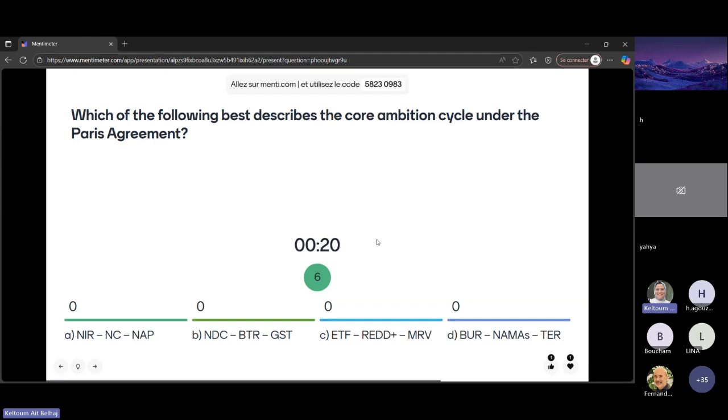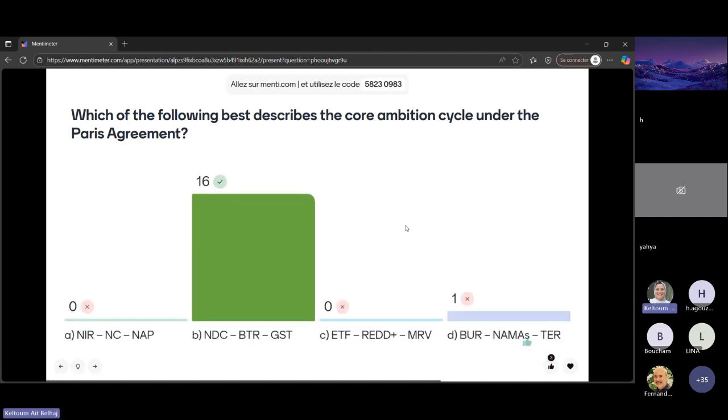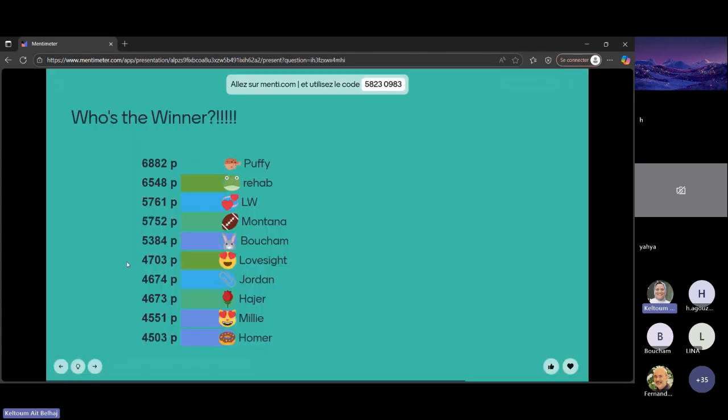Is it NIR, NC, National Inventory, and NAP; NDC, BTR, Global Stocktake; ETF, REDD+, MRV; or pure NAMA? One good answer. The ambition cycle is composed of 3 pillars. Of course, we have a lot of good answers. That's great. Thank you very much.